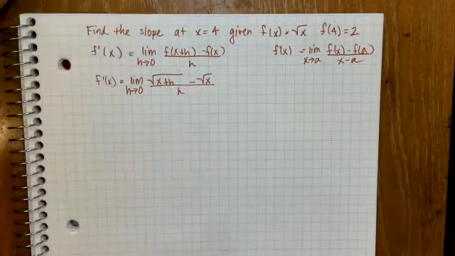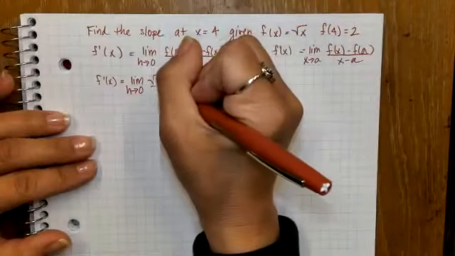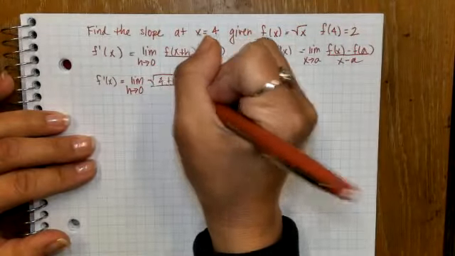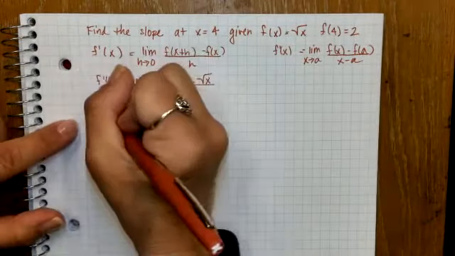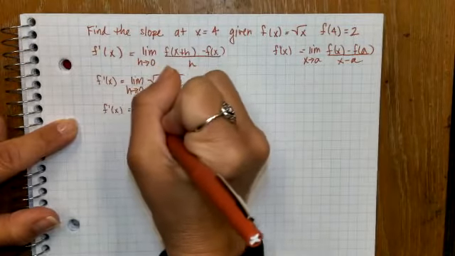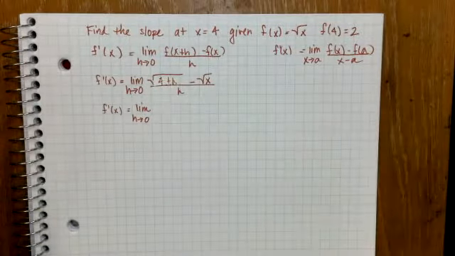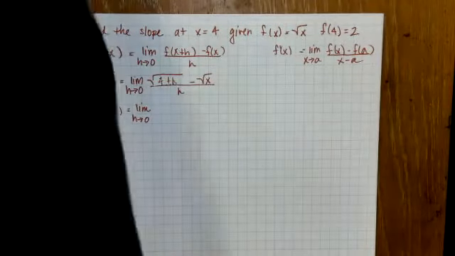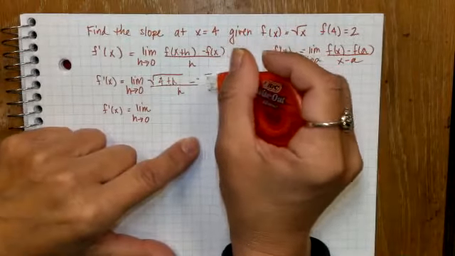Why do I always forget to plug that in? Because you guys aren't here to help me. And I also know that f of x is 2.